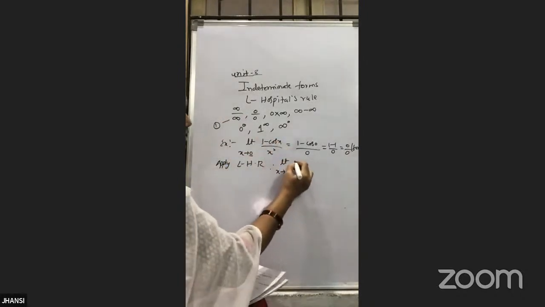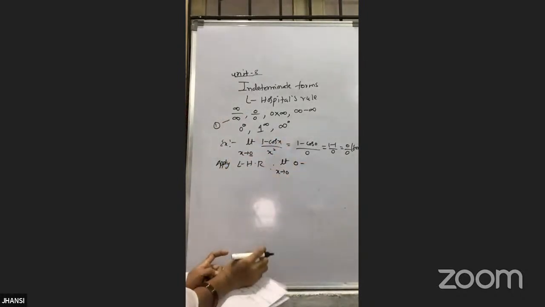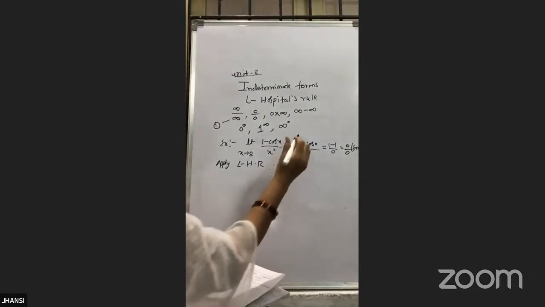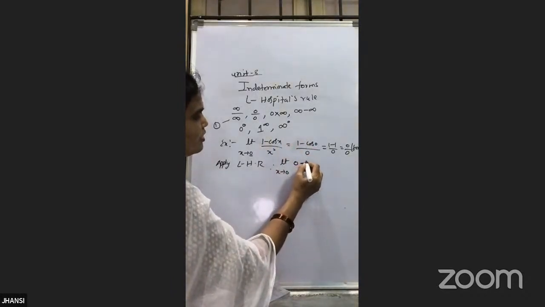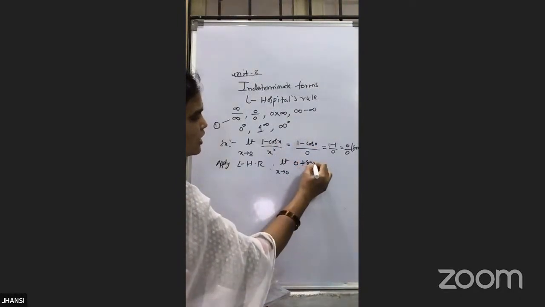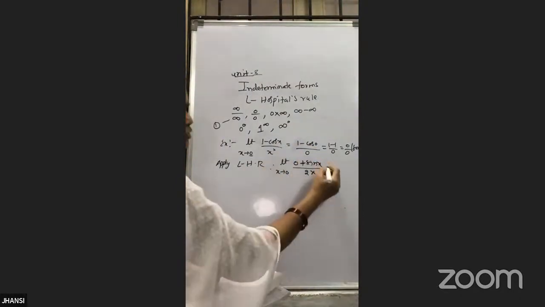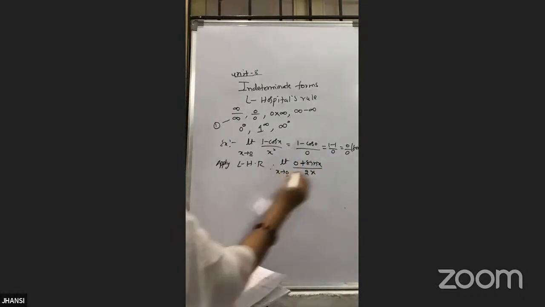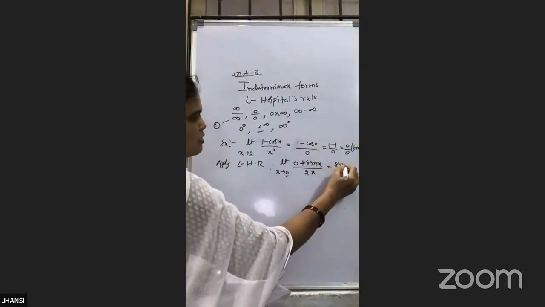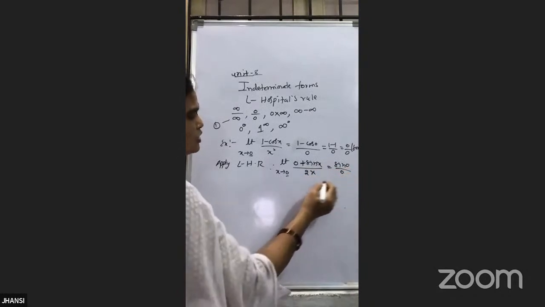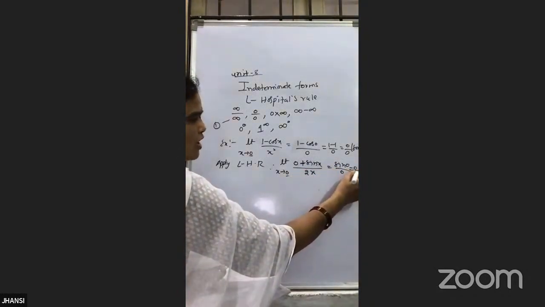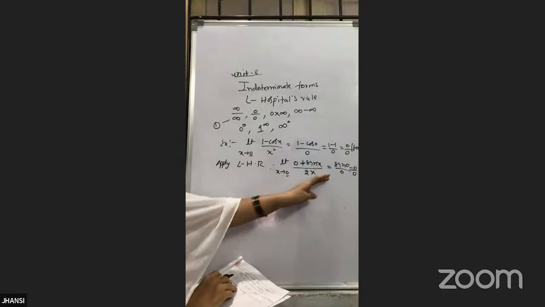Differentiation of a constant is 0, and differentiation of cos x is minus sin x. Minus into minus is plus, so sin x by 2x. Now again substitute the limit value 0: sin 0 by 2 into 0. Sin 0 value is 0, so again it is in the form of 0 by 0.